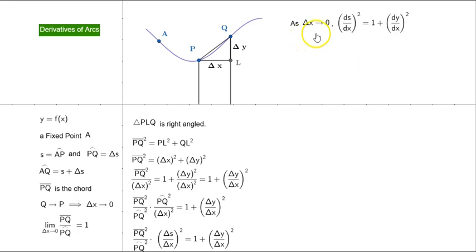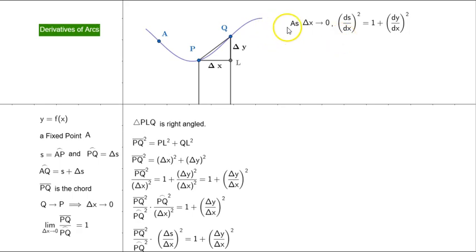Now, as delta X goes to 0, what happens? Chord PQ square divided by arc length PQ square goes to 1. So it disappears here. And delta S by delta X becomes ds by dx. And delta Y by delta X becomes dy by dx.